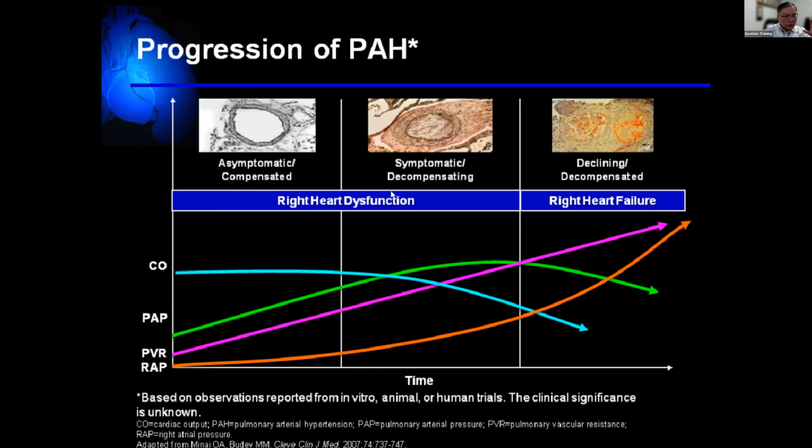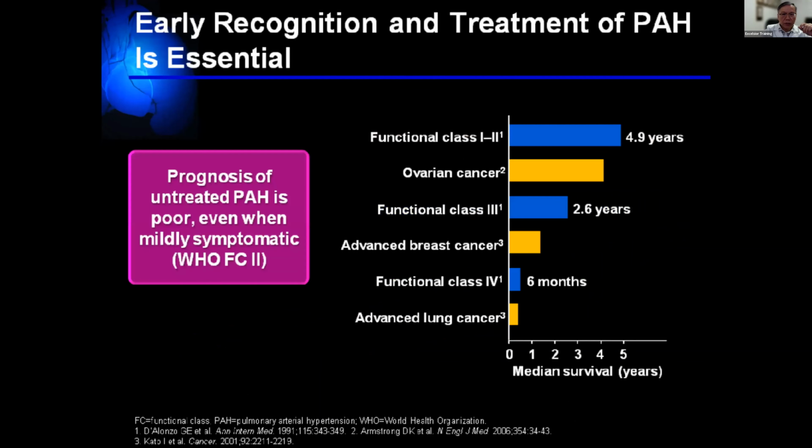And when clots form, you're in big trouble. So the cardiac output stays pretty steady until it becomes symptomatic, and then it will drop very fast.